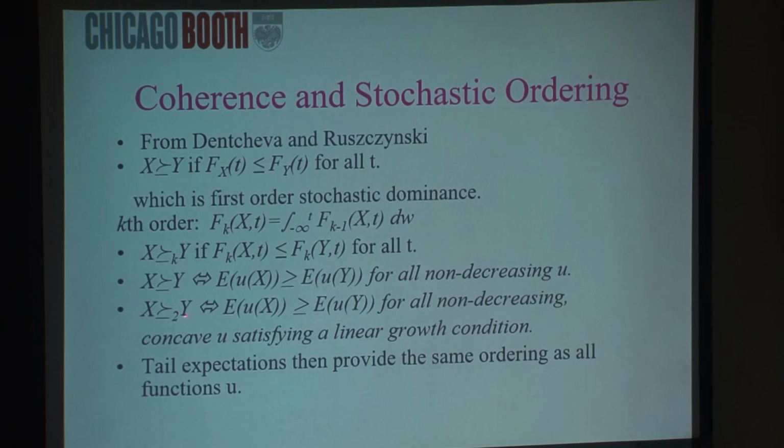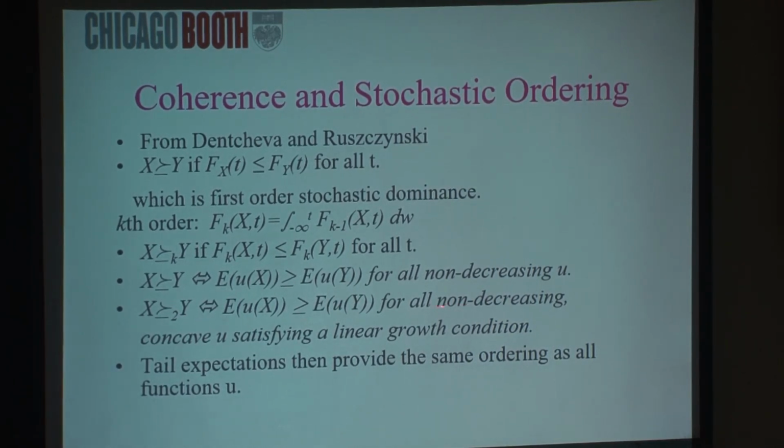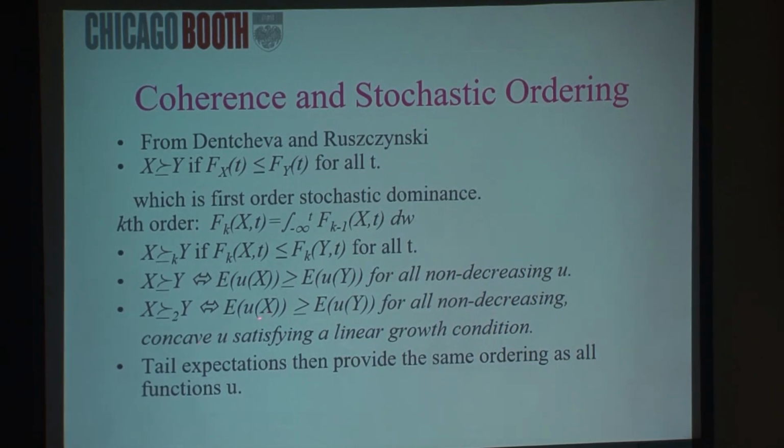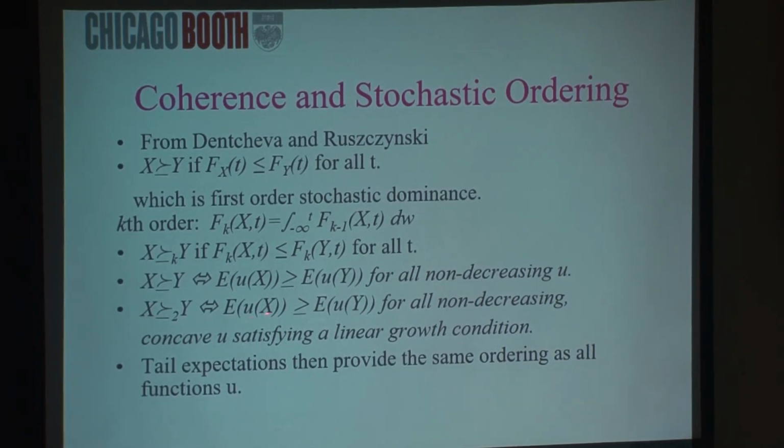If x is always second order dominant to y, for any utility function that has these properties, non-decreasing and concave, x would always be preferred to y. So if I can show that something's second order dominant, then I can show that it's always preferred.